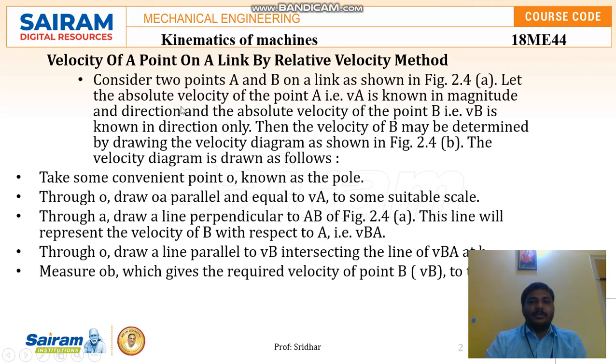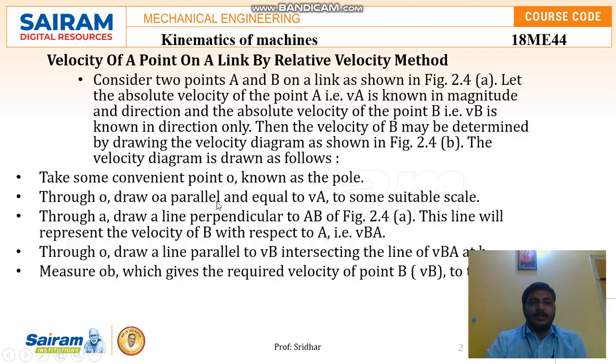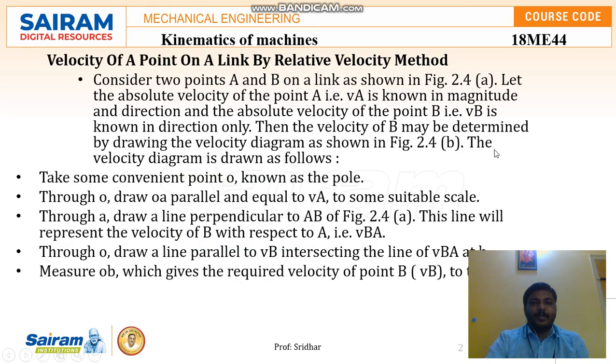Let the absolute velocity of the point A, vector VA, be known in magnitude, and VB, the absolute velocity of point B, be known in direction.